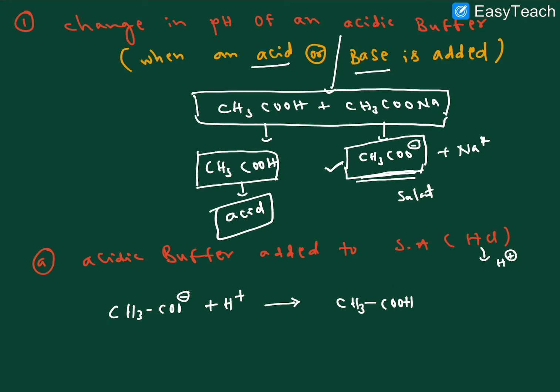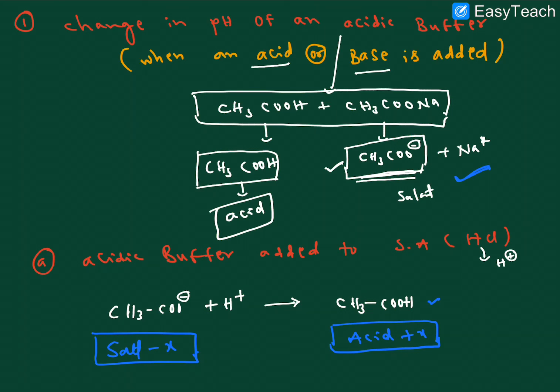I hope it is clear. The negative part is coming from the salt, so the salt concentration decreases by X, and the acid concentration is increasing by X because acid is forming. It is very clear: the concentration of the salt decreases because the new H plus combined with the acetate ion.